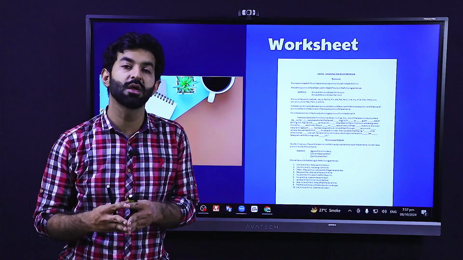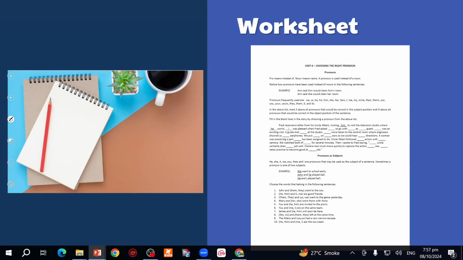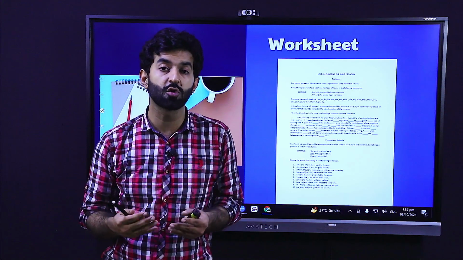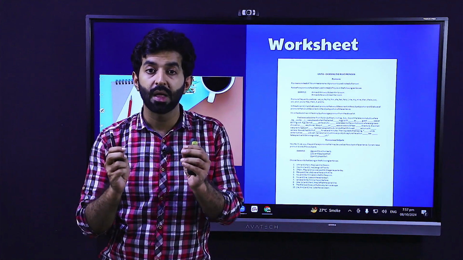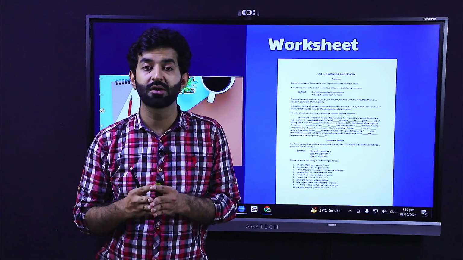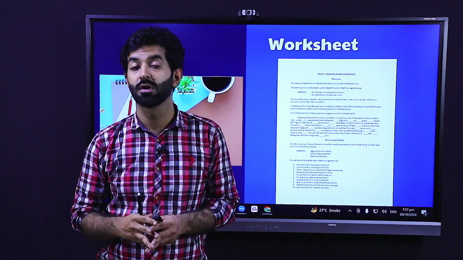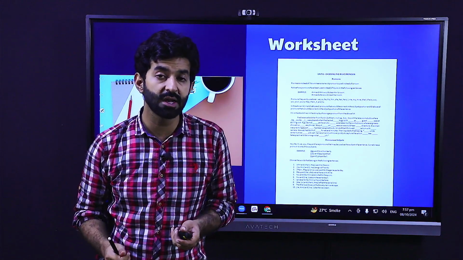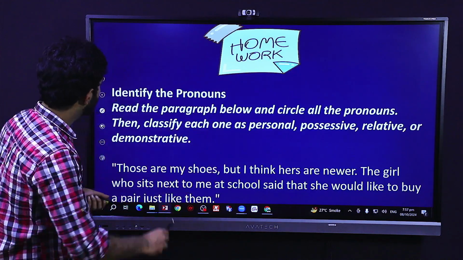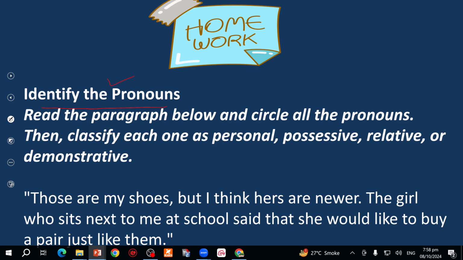Now students, this is your worksheet that is available. You will also be given a skill sheet and also a question bank to solve as resources to reinforce your learning and allow you to practice the learned concept with practicality. You can find them easily as well. Now, for the homework, you have to identify the pronouns by reading the passage at the end.